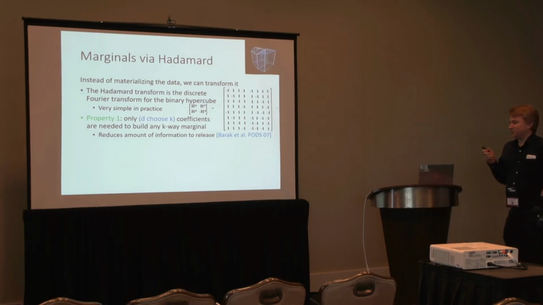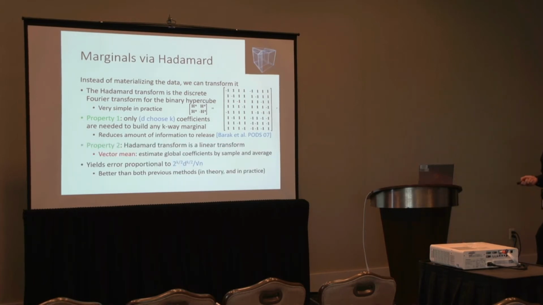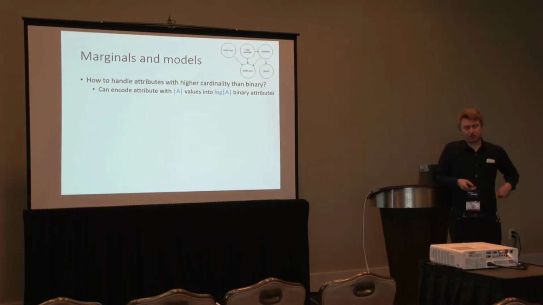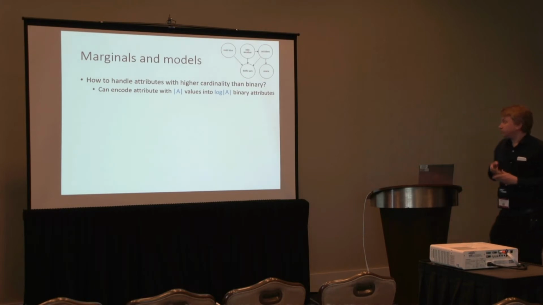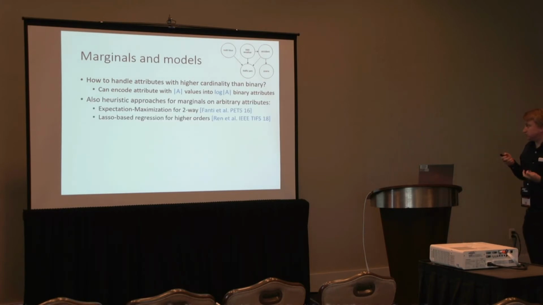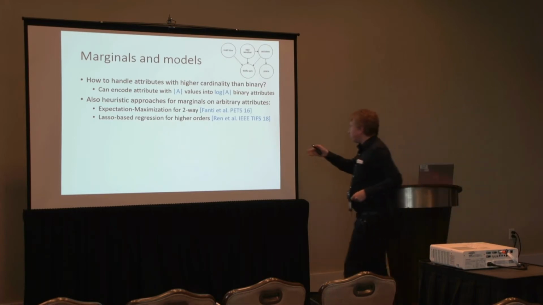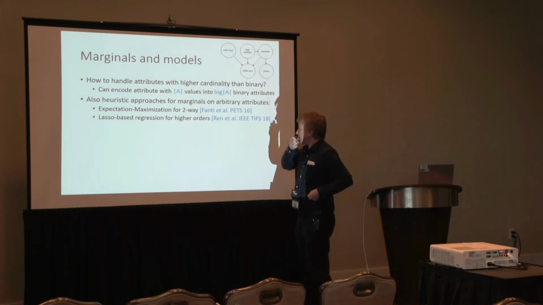So it's not coming completely out of the blue. But I'm not going to say too much about that. I'm just going to move on and talk about other aspects of marginals, and in particular, why would you be interested in marginals?